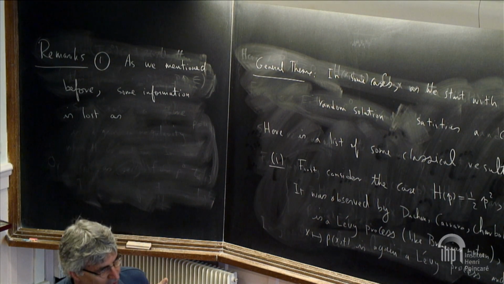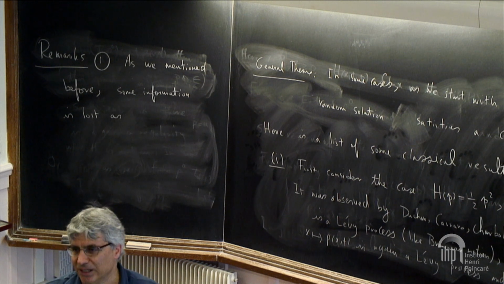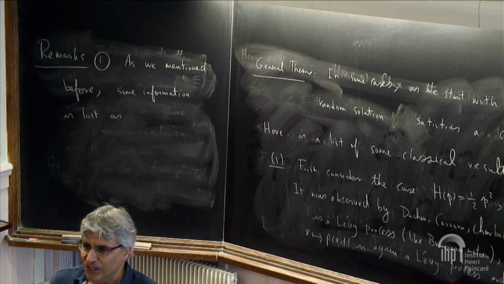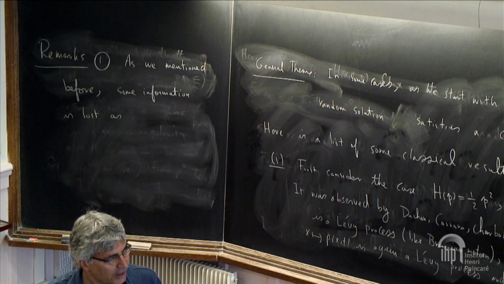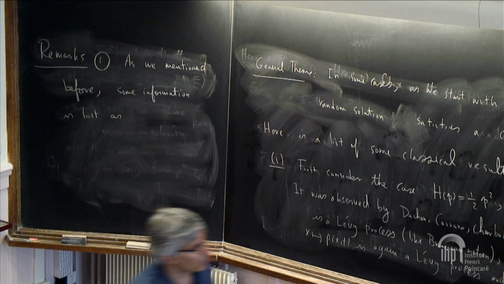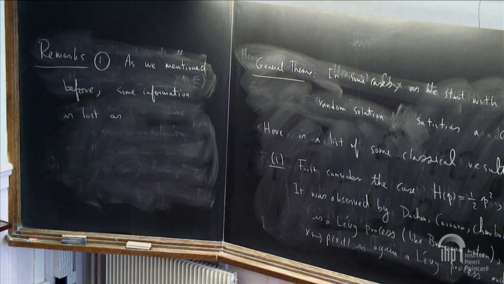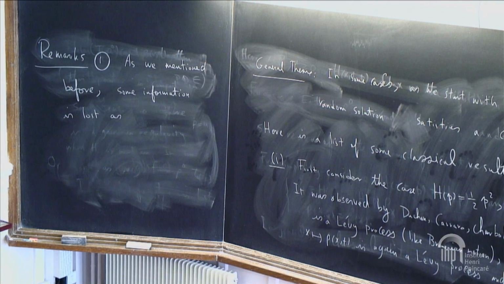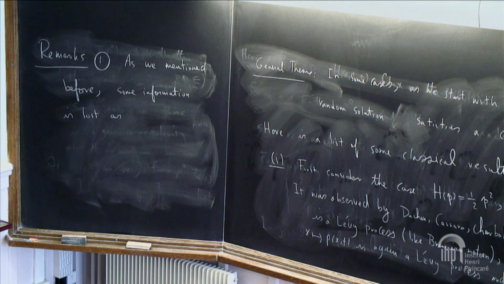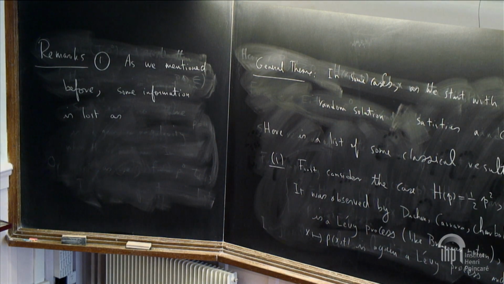However, here I'm not stating all the conditions. First, I have to make an assumption on the exponent. So I have to put some condition on the measure so that things don't blow up at later times.